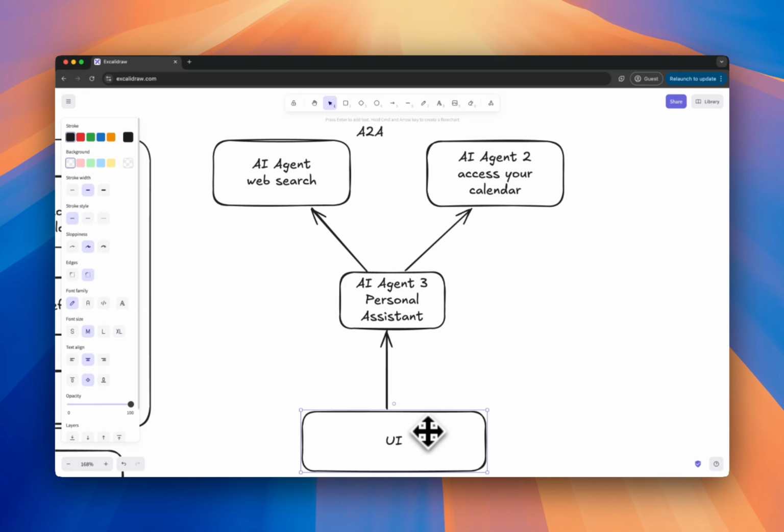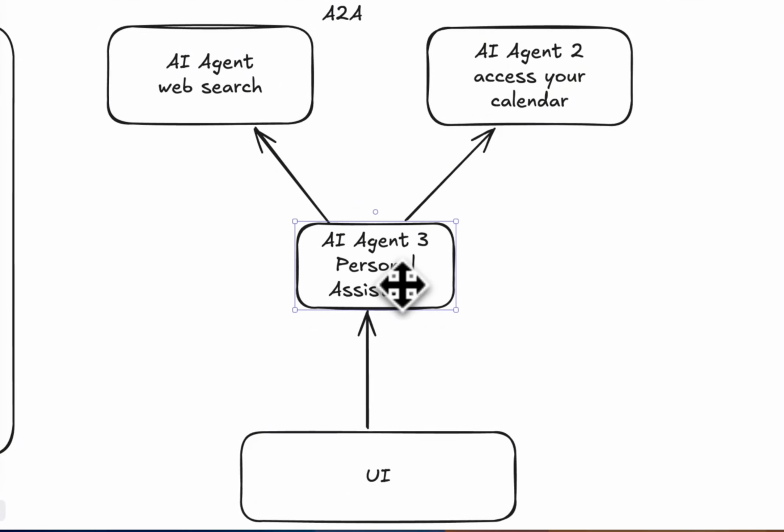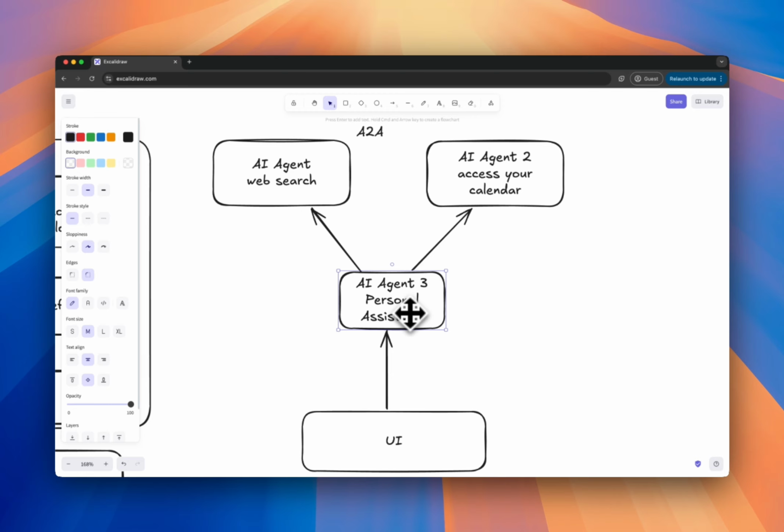Let's say you come and chat, and for example, you ask if you have any meetings falling on a public holiday in your calendar. You basically want to plan your week. At first, there will be an AI agent that acts as your personal assistant. It adjusts your schedule and helps you plan things.